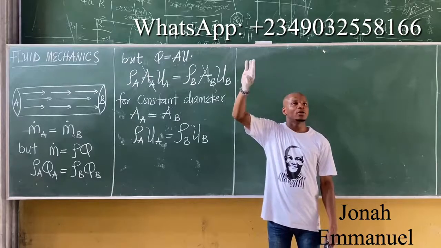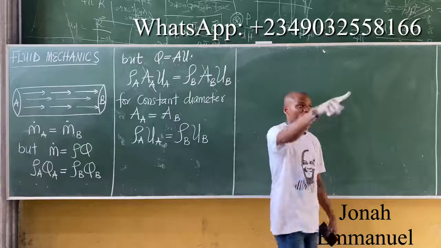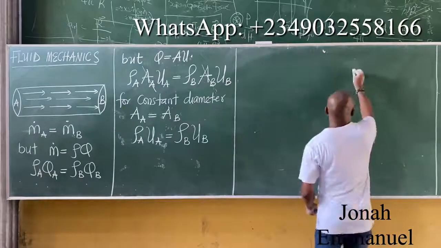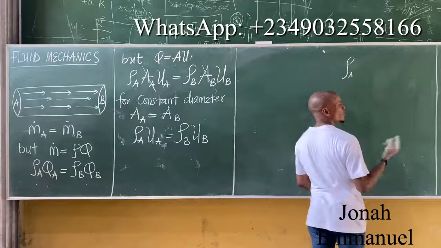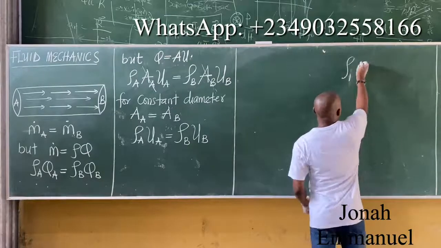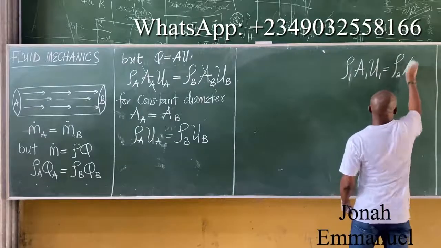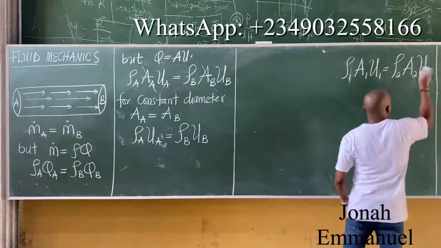In continuity, we had the same stuff, where we had rho 1, A1, U1 is equal to rho 2, A2, U2.